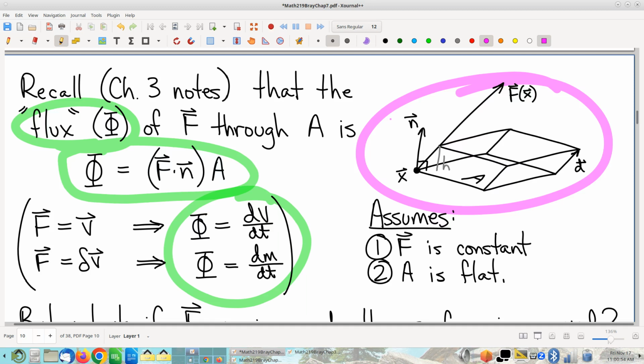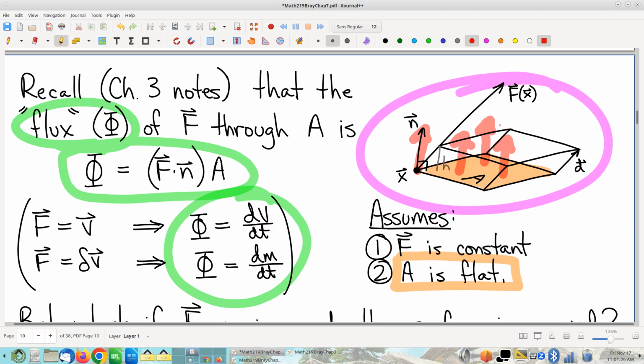Here's the thing. There's an asterisk that I have to put on all of this. The asterisk is that there were assumptions that went into that calculation. I was assuming that my area here was flat. In other words, said differently, I was assuming that my normal vector was constant.